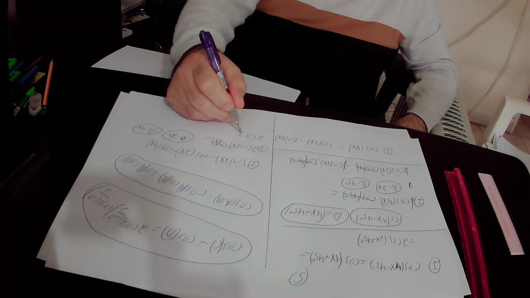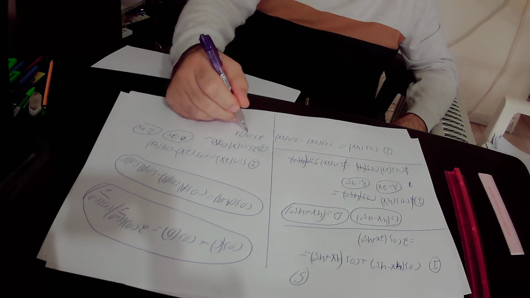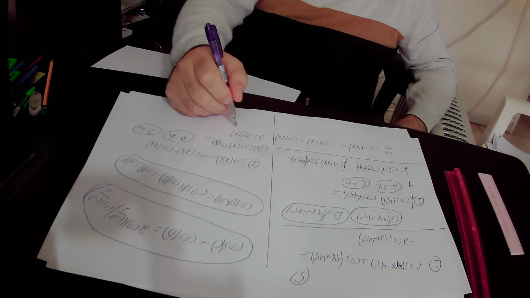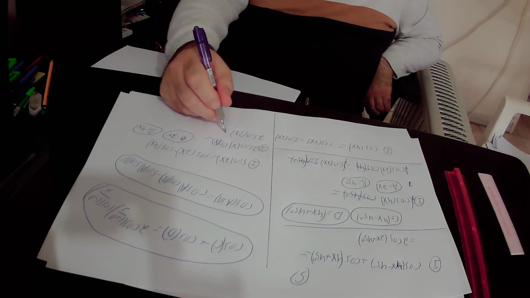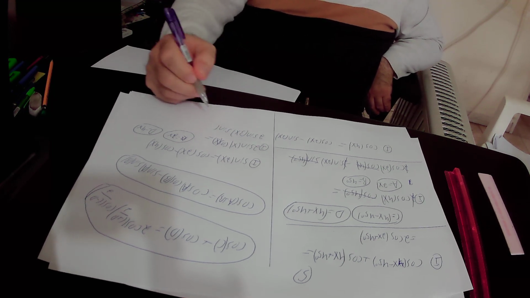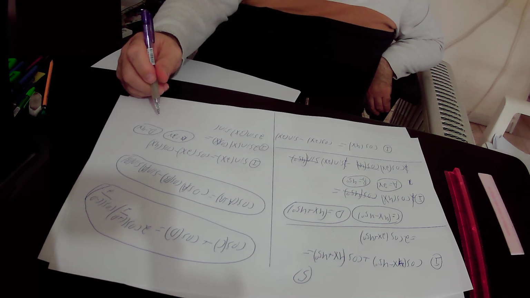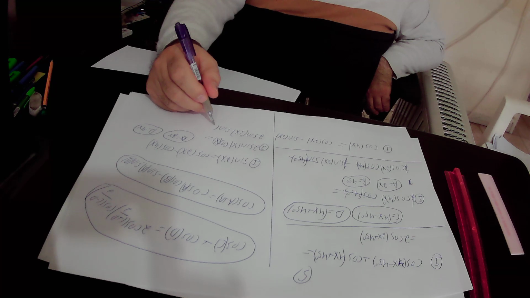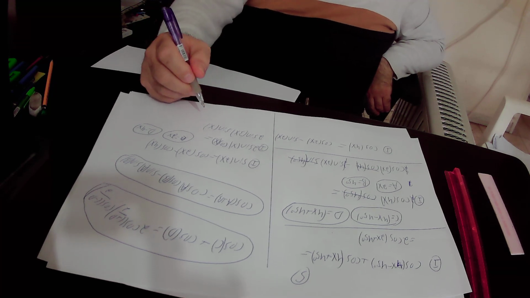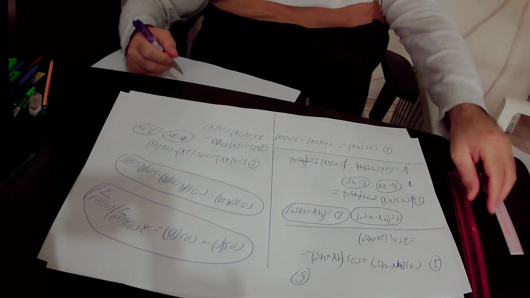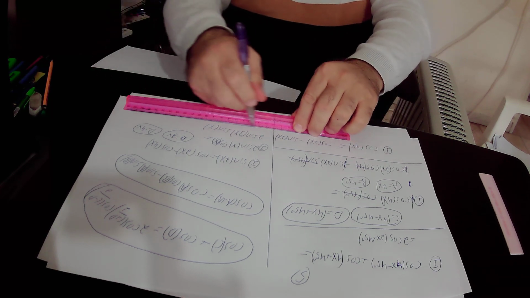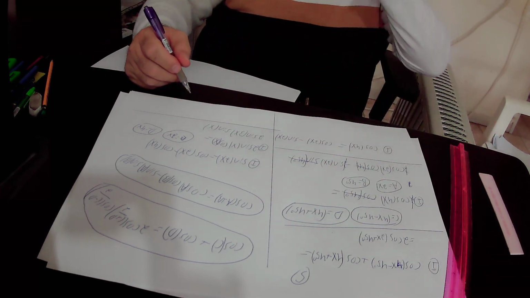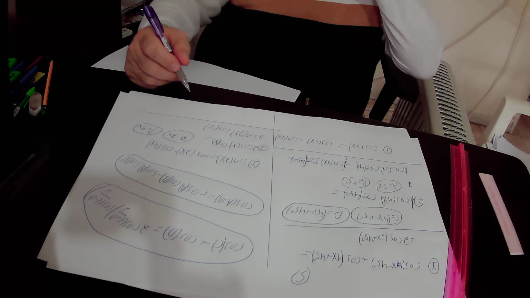So we got 2 sine 3x, and we also must multiply it by sine of (d minus c) over 2. D minus c is 4x minus 2x, which is 2x, and 2x over 2 is x. So in conclusion, we got that 2 sine x cosine x equals 2 sine 3x sine x.